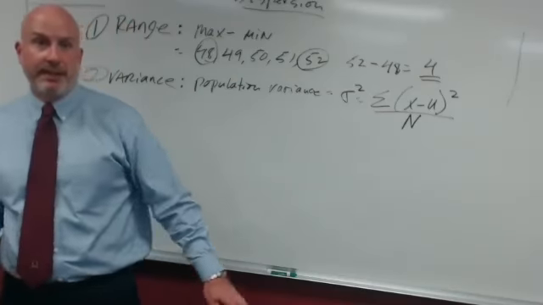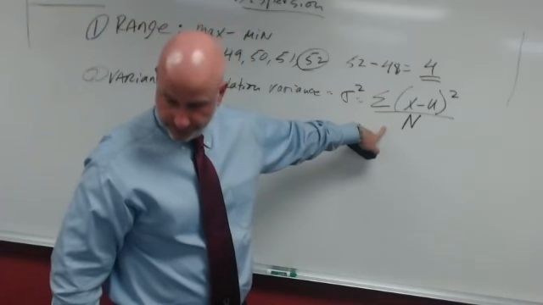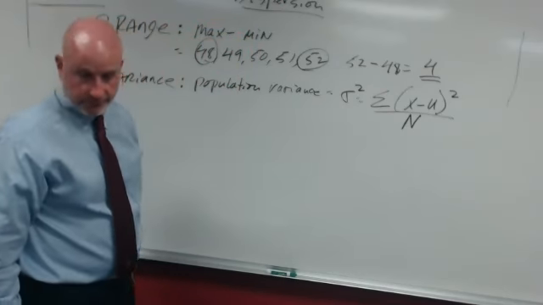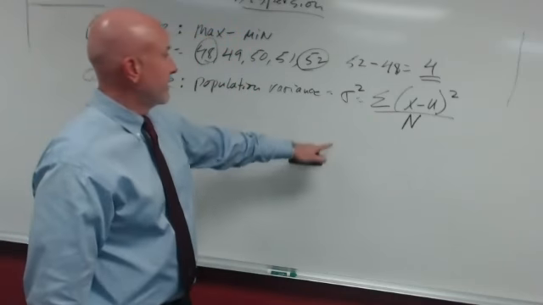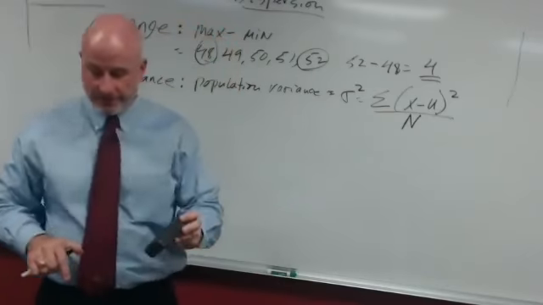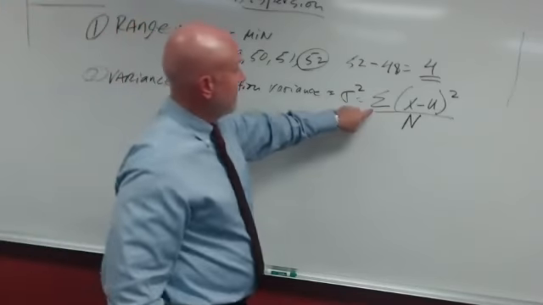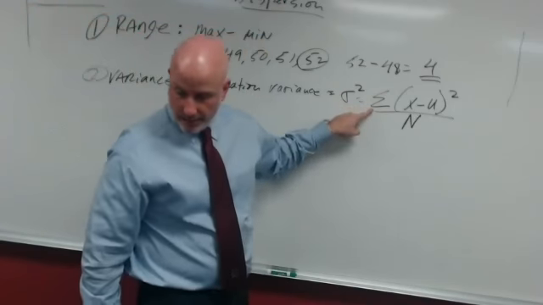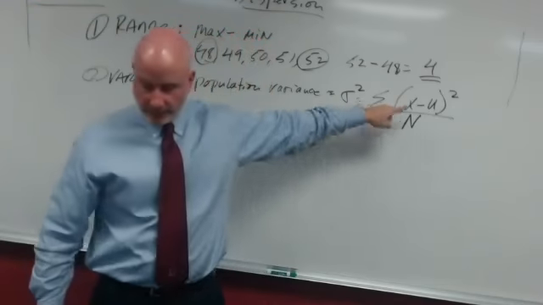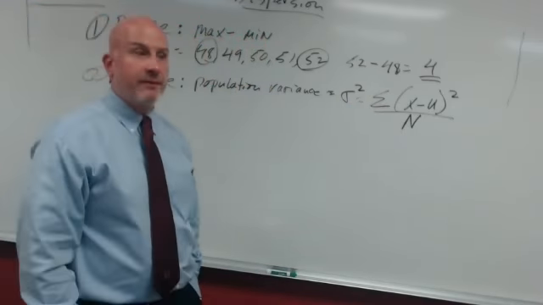Remember, for the population you're usually using this symbol, a lowercase Greek letter. What's x? Here we know we're going to sum. The x is the value of a particular observation.